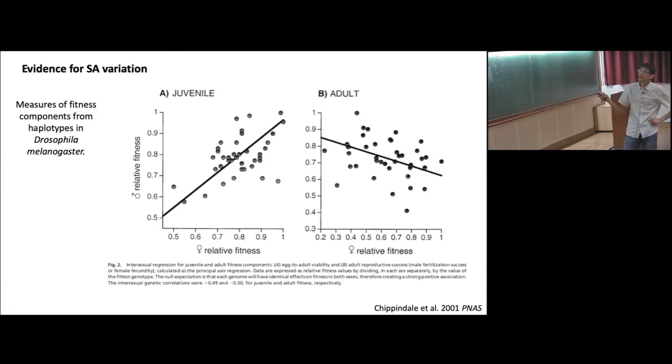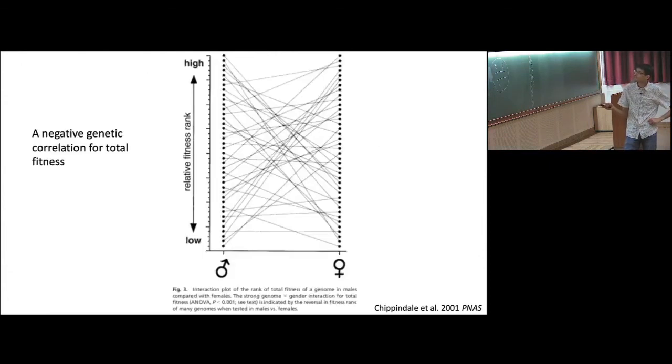But when they looked at the adult fitness component, they found a strikingly different relationship between how those haplotypes affected male fitness and how they affected female fitness. And this they integrated across those two fitness components, juvenile and adult.